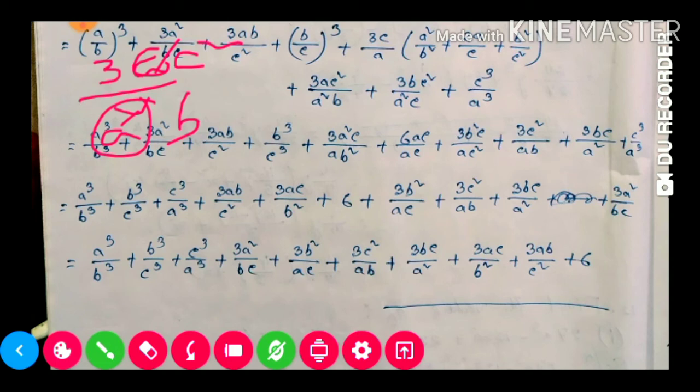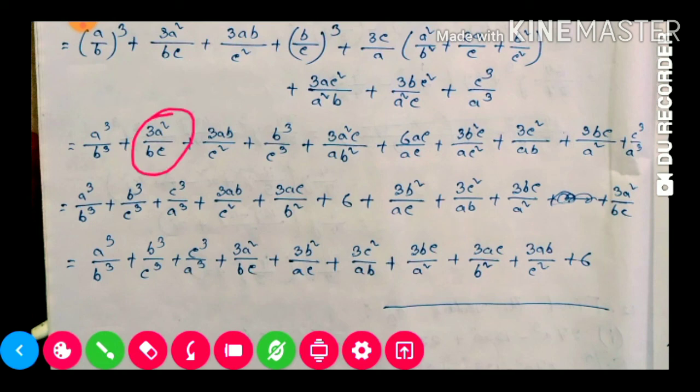So this one will be 3, here will be c square, 3c square divided by ab. Similarly here c here 2 times, there here 1 time, so 1 time will be cancelled, so will remain 3bc divided by only a square, and this one will be c cube, and this one 3a square bc we have written.